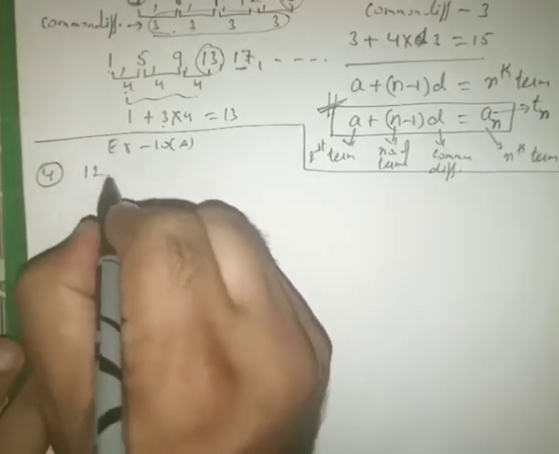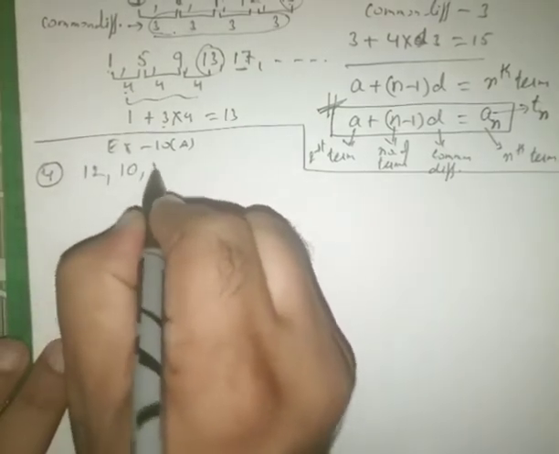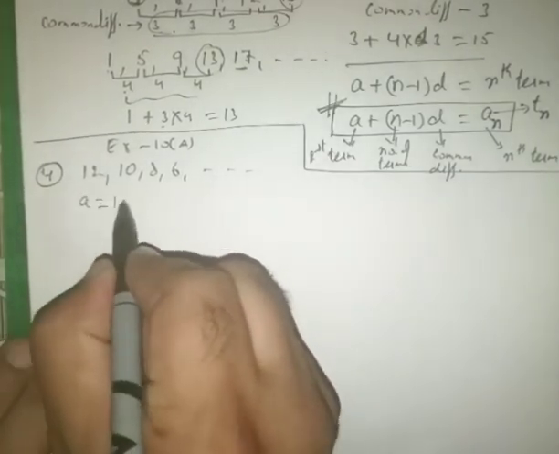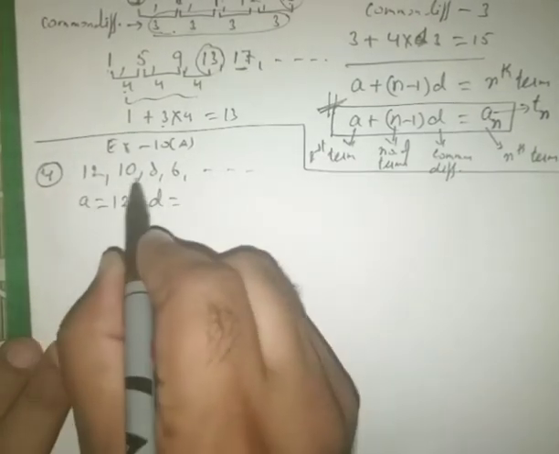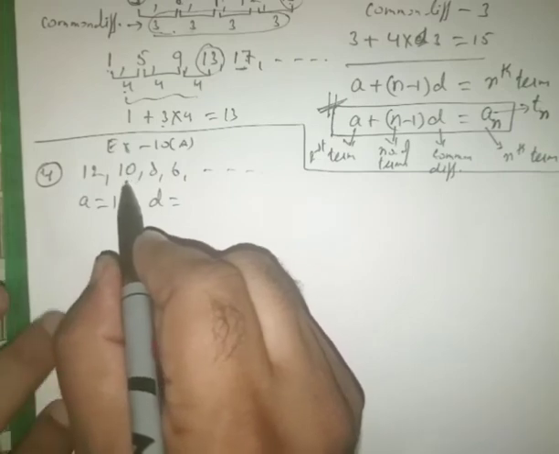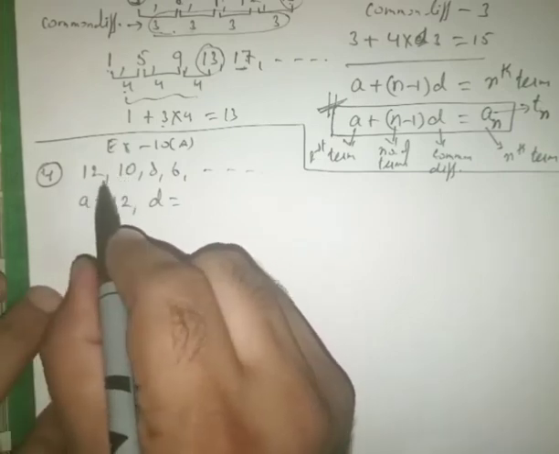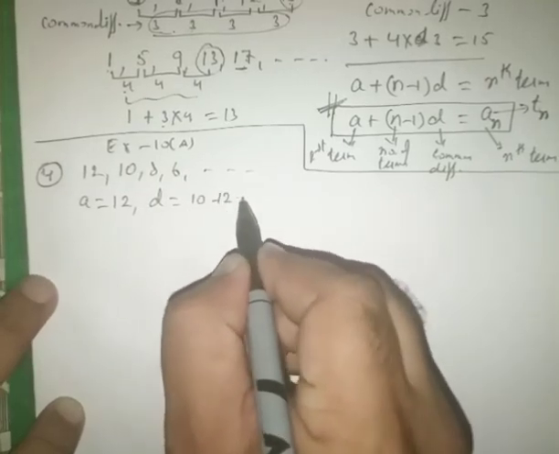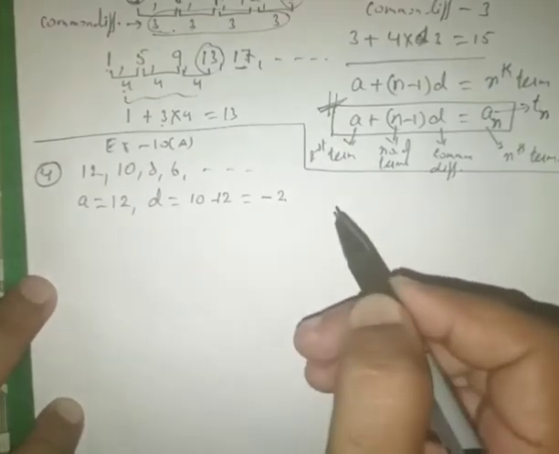The given sequence is 12, 10, 8, 6 and so on. Here the first term a is 12 and the common difference d we find by subtracting the preceding term from the next term, so second minus first term. That will be 10 minus 12, which is equal to minus 2.